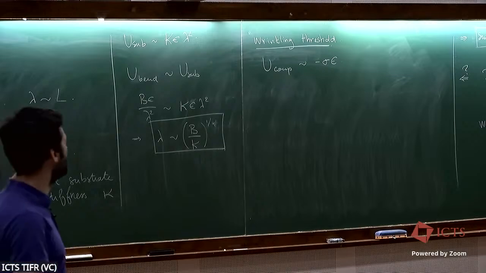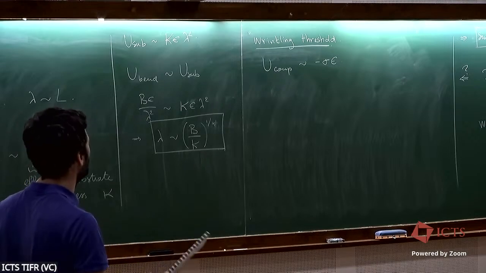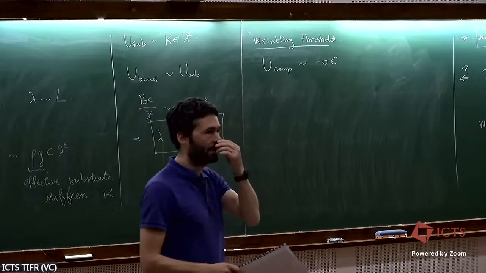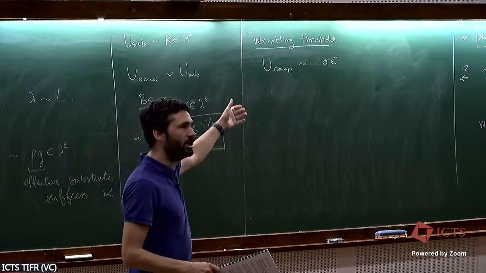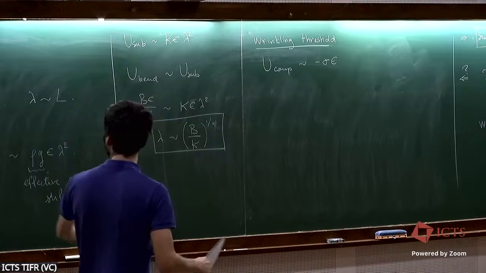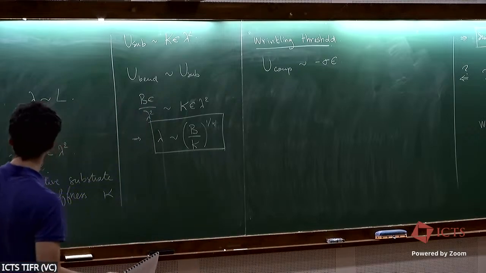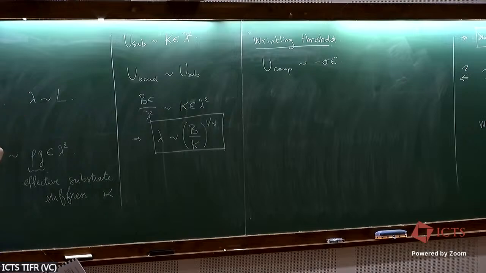Then you want to minimize the energy, so you will have to minimize over epsilon also. You see that here, the energy depends linearly on epsilon. So you want epsilon to be 0.